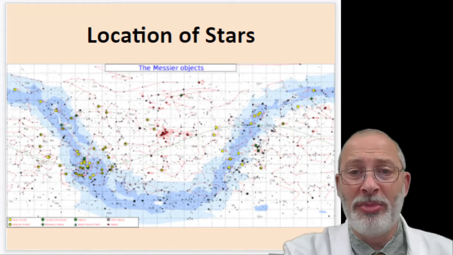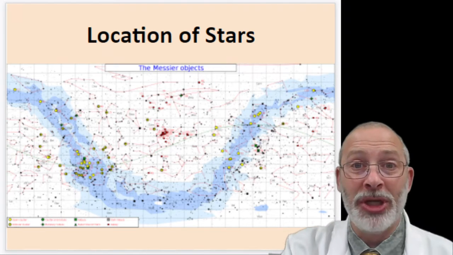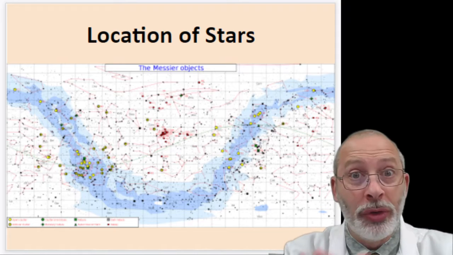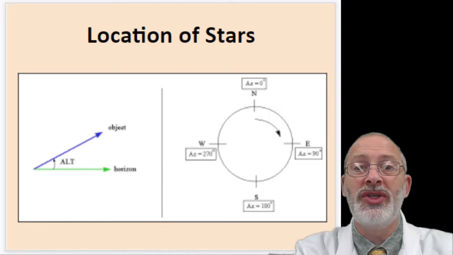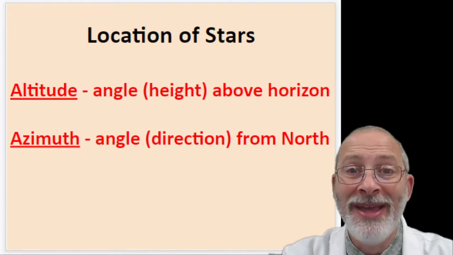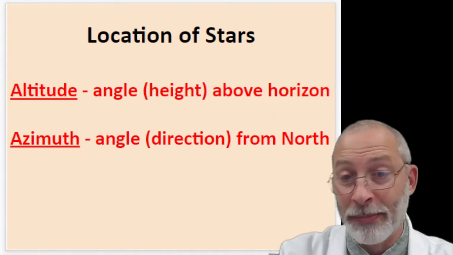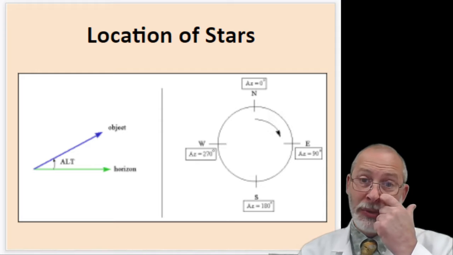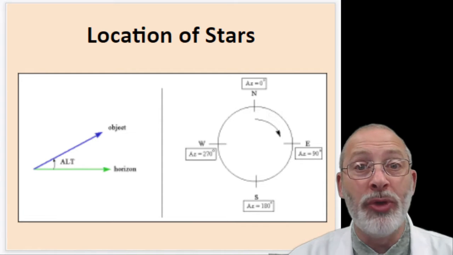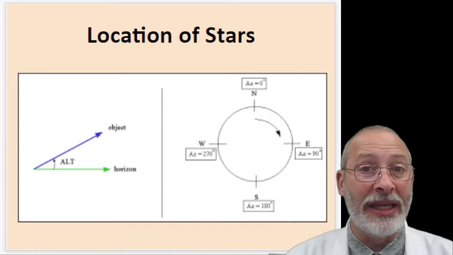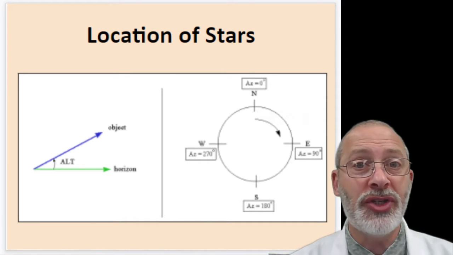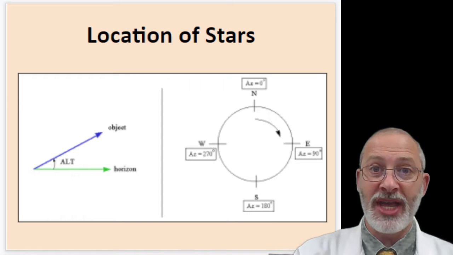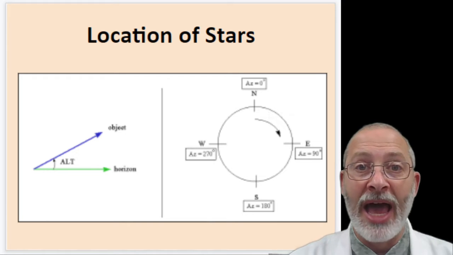And we talked about how maps can be drawn of the universe, and we can pinpoint the location using two things called altitude and azimuth. We're going to be using the altitude and azimuth today for our activity to determine the precise location of a star from a precise location in the lab.